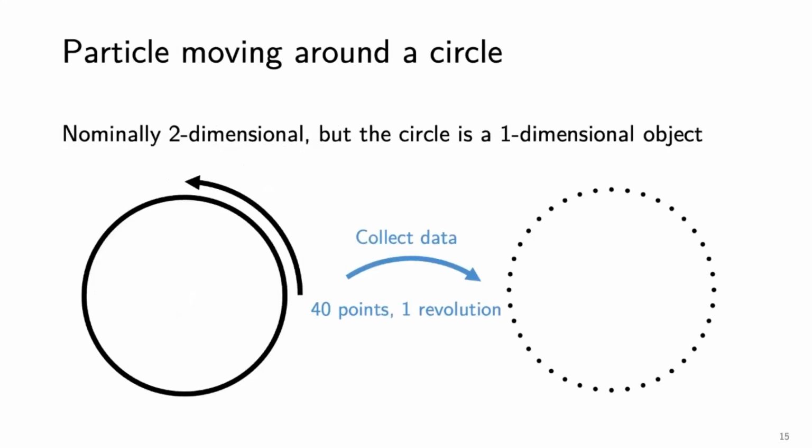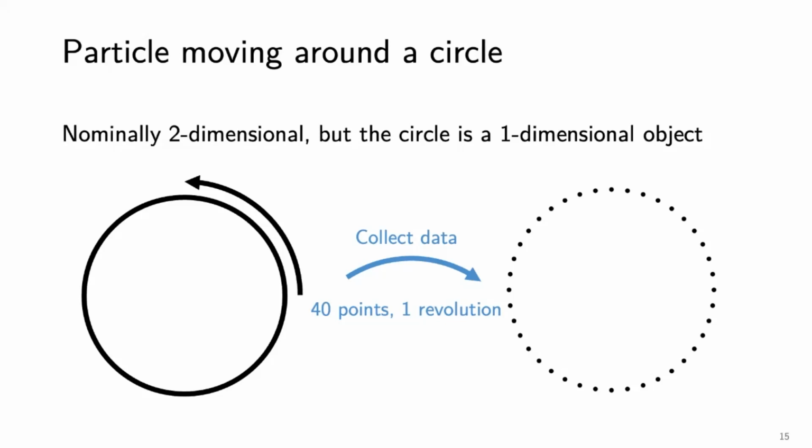This will be a really simple one, which is just a particle moving around a circle. So imagine that we have a unit circle and some particle that's moving around it counterclockwise. Nominally, this is a two-dimensional system. To describe the position of the particle, we need an x coordinate and a y coordinate. That's why it's two-dimensional. But we know that a circle is really a one-dimensional object, right?